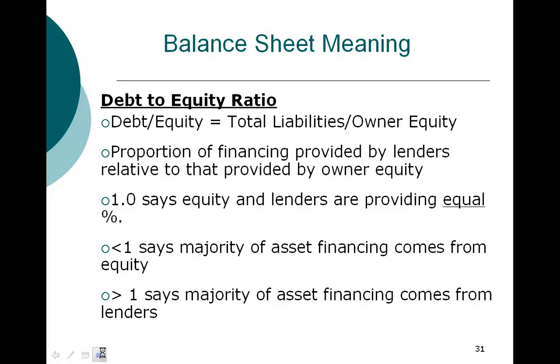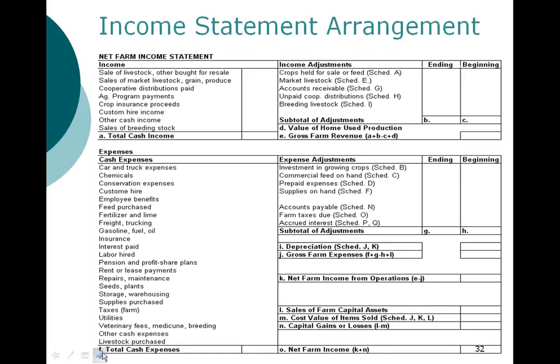So let's move on. I know I'm on a tight time schedule here for the amount we're going to cover, but I just want to introduce you to each one of these statements and highlight the most important things that we see here. This is the income statement, and it measures the income from the farm, the cash expenses from the farm, and then I noticed that not very many of you had made accrual adjusted income statements.